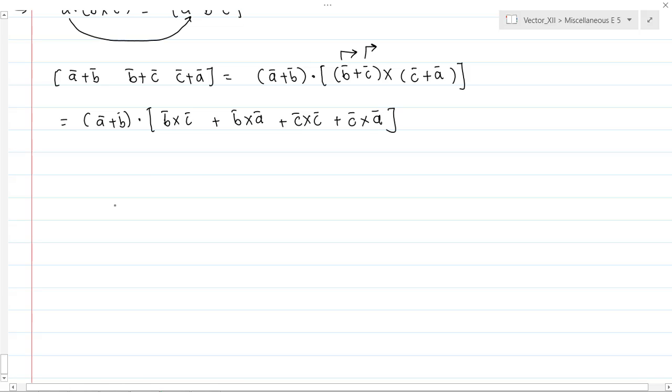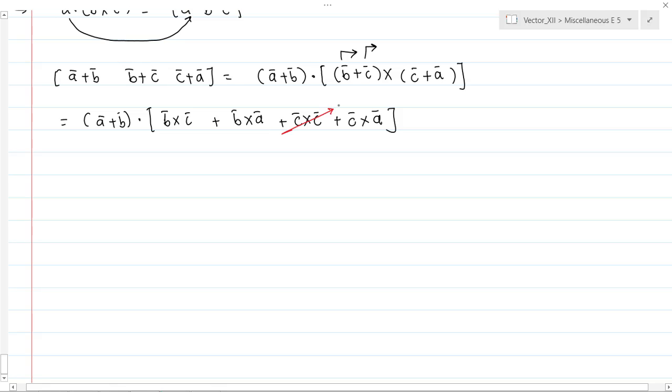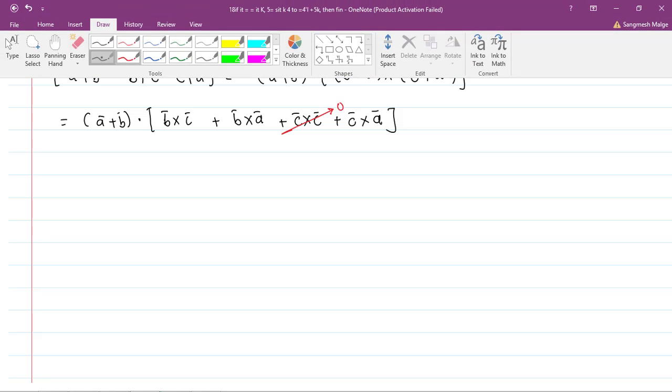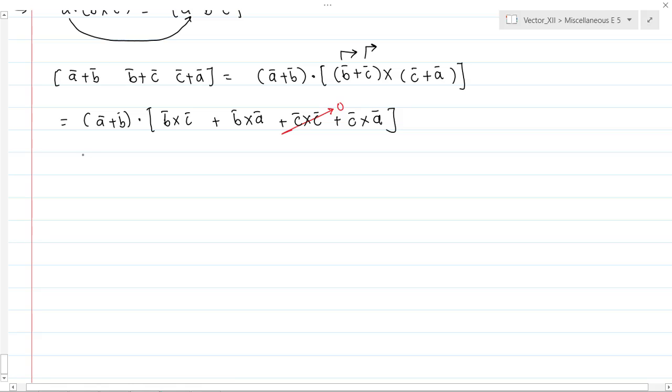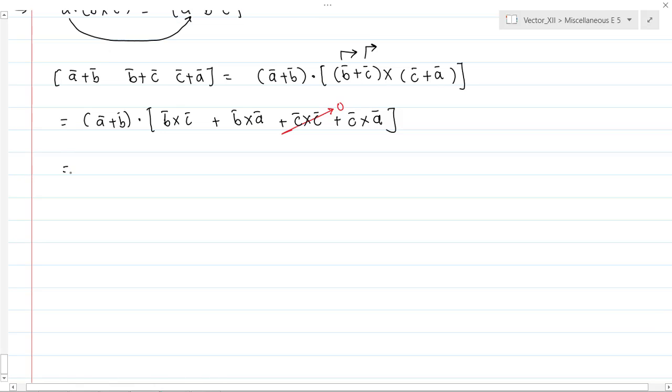Okay, now what can be cancelled out? The same part is c, which is twice in this, so c cross c is equal to 0, of course. Next, what we have in total is a bar plus b bar dot b bar cross c bar plus b bar cross a bar plus c bar cross a bar, this part is remaining.